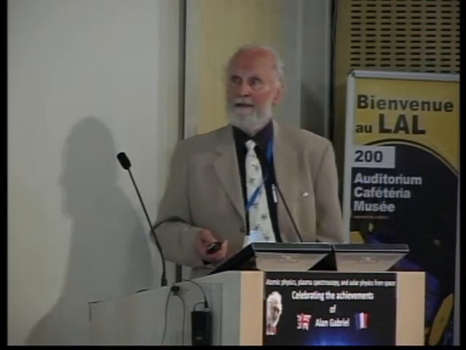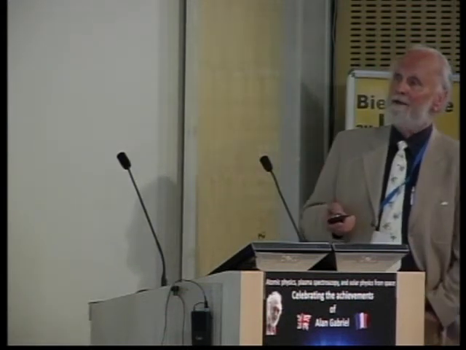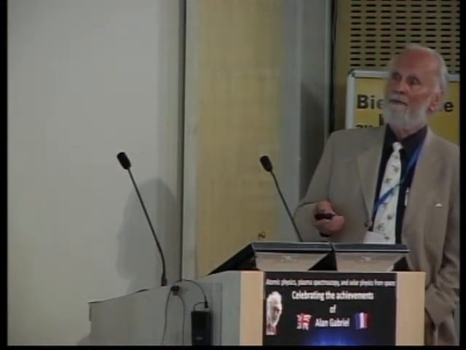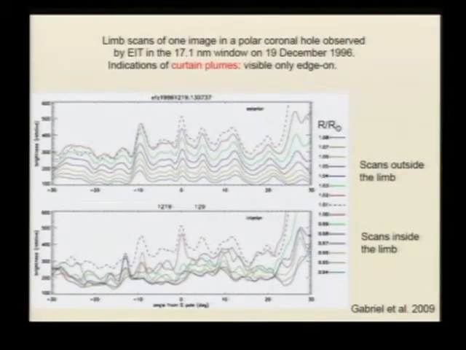Now, the brightness of the rear side of the plume stuff. This is taken from Allen's paper 2009. He had several before, but I think this is the best one I found in this context. So if you scan across the limb, which is, by the way, the dashed line here, above the limb and below the limb, you find a major difference in plumes.